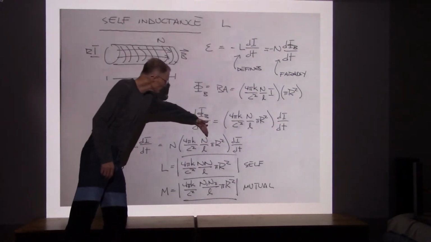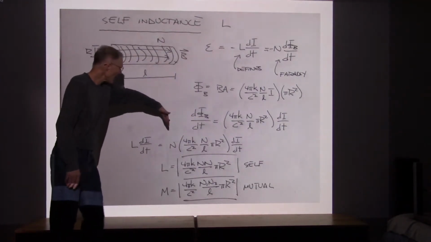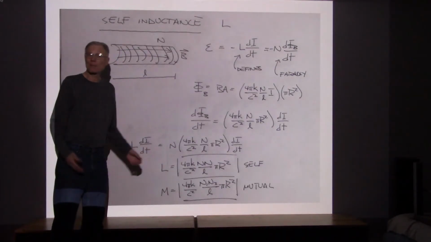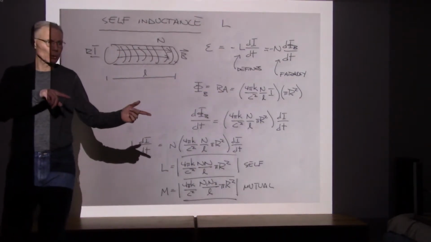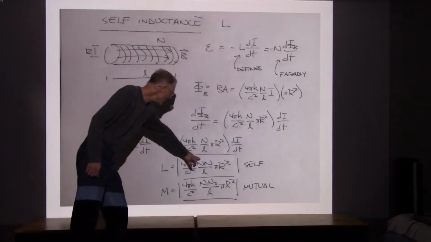Well, n loops set up the magnetic and electric fields, and n loops are going to experience the effect. And that's why it's self-inductance, right? It's n loops having an effect on n loops. And so we now have n squared.